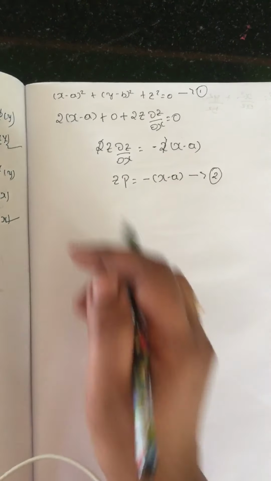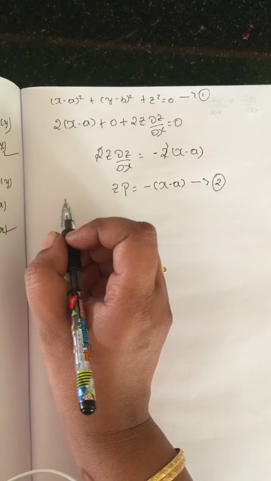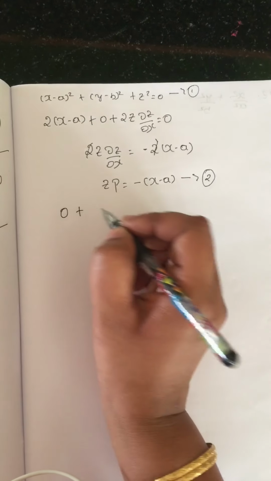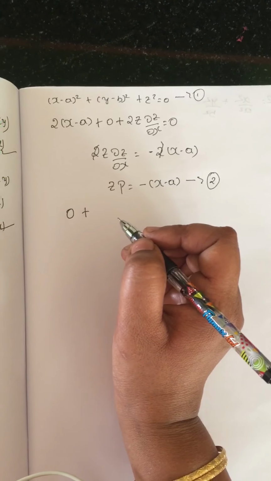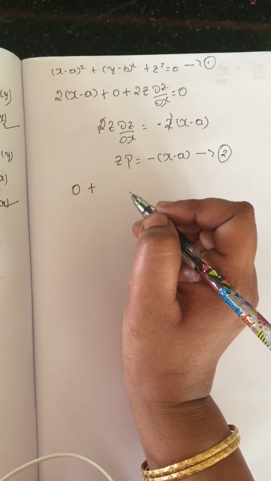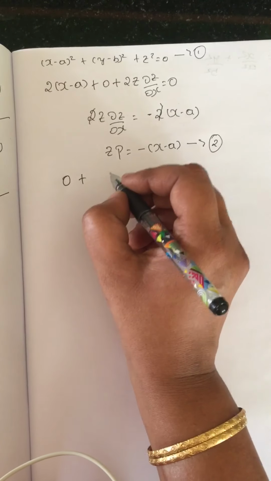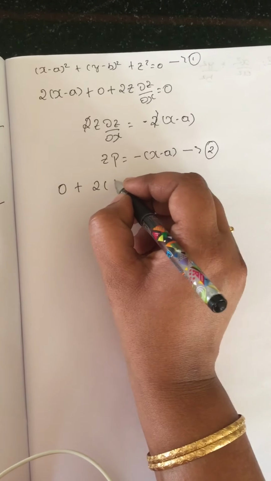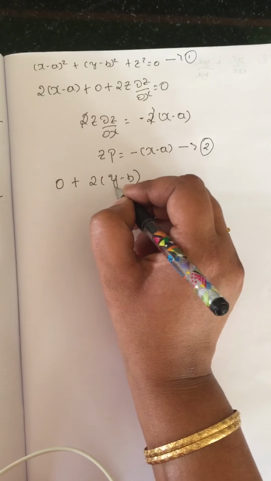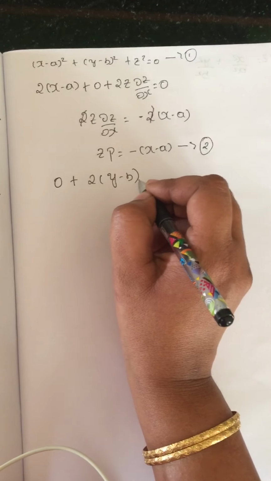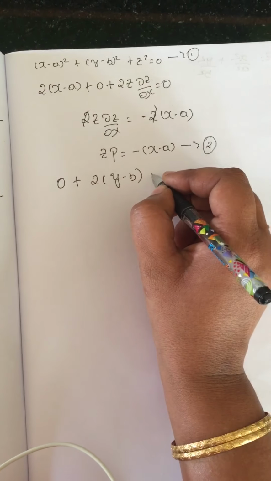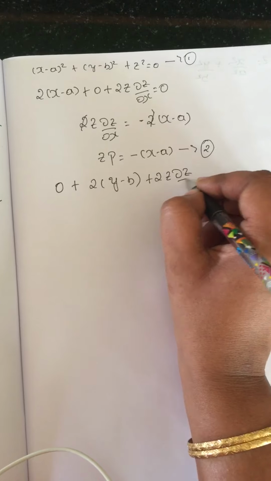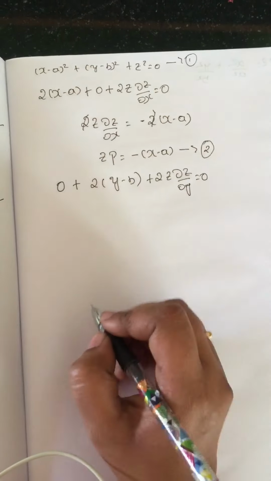Next, find another equation, that is, differentiate with respect to y. Derivative of (x minus a) whole square is 0, because x is constant and a is also constant. So the derivative of a constant is 0. Derivative of (y minus b) whole square is 2 into (y minus b), again derivative of y is 1, derivative of b is 0, plus 2 into derivative of z square is 2z into del z by del y, which is equal to 0.